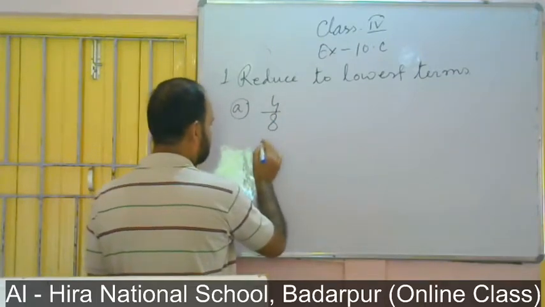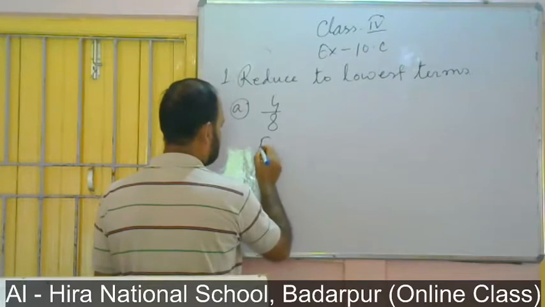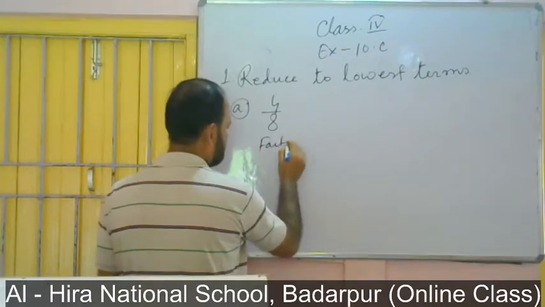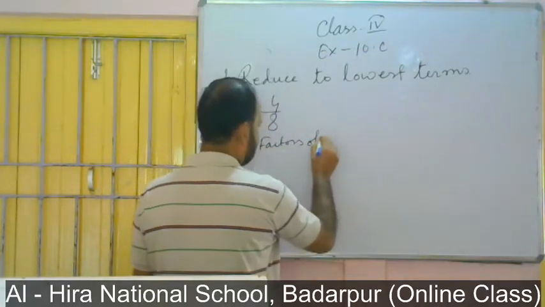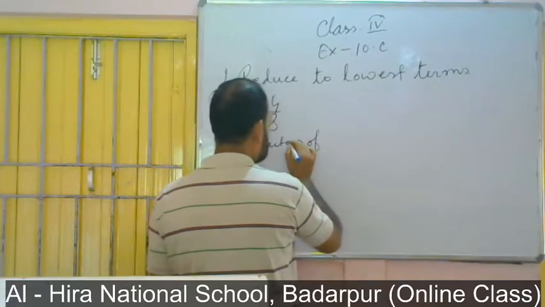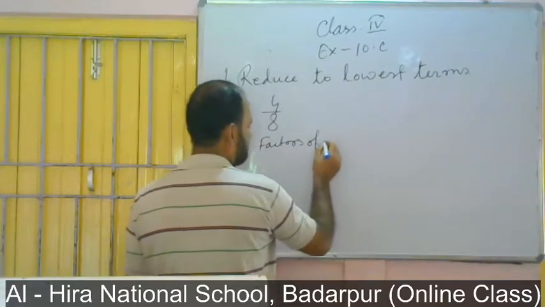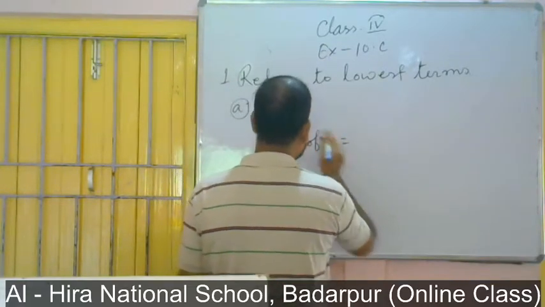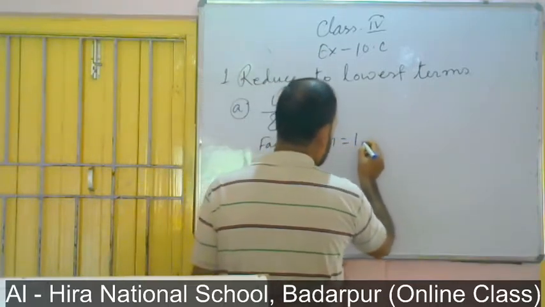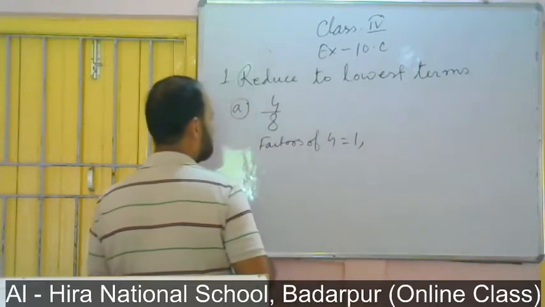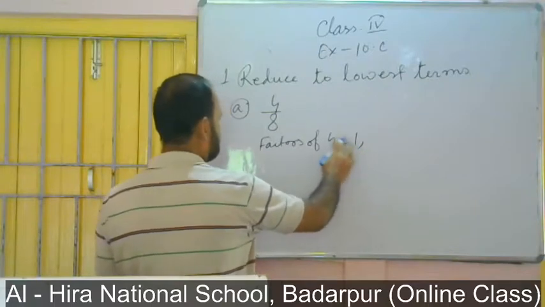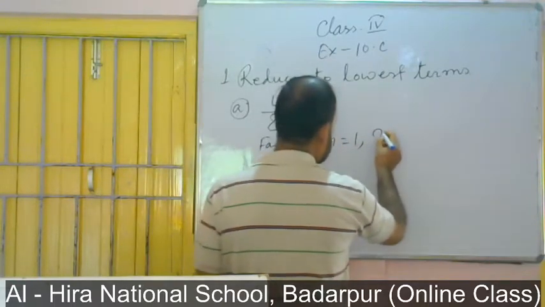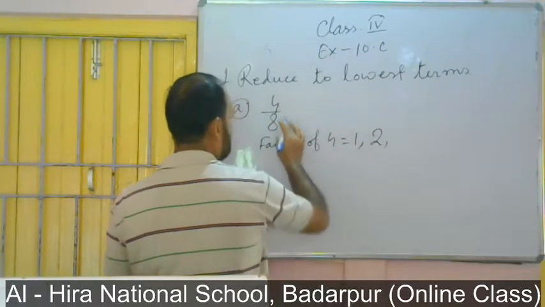The factors of 4: 1 is a common factor, then 2 twos are 4, so 2 is a factor, then 4.